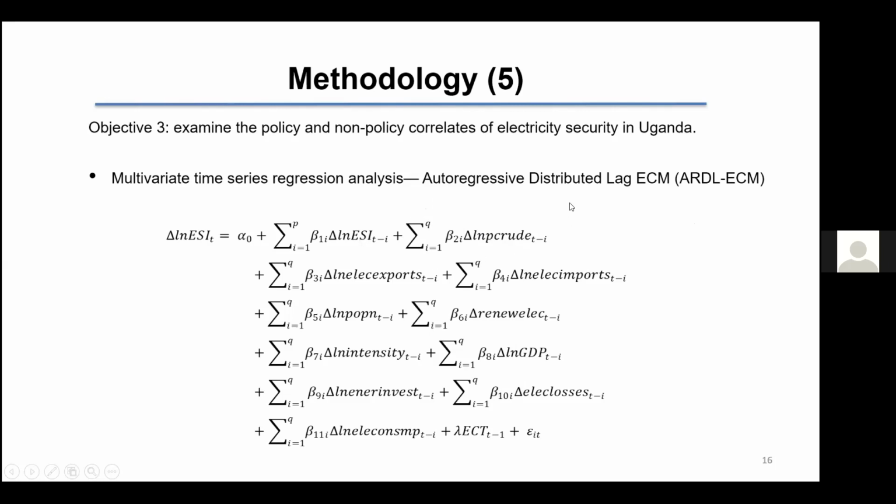But two, this approach has been seen to produce more efficient and reliable estimates, especially in cases where samples are relatively smaller compared to the other approaches. And it also provides long-run estimates which are reliable, meaning that we can rely on its estimates once you fulfill the conditions, for policy and intervention.